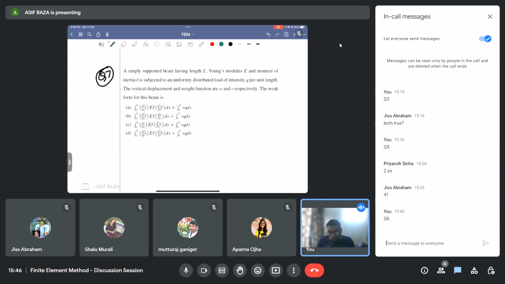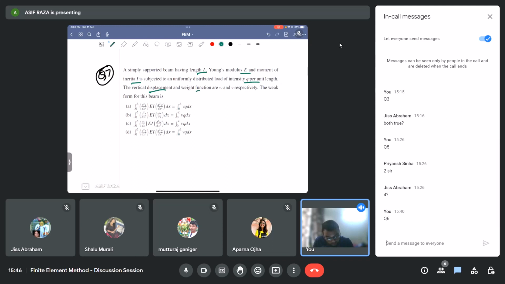Seventh question: a simply supported beam having length L, Young's modulus E, and moment of inertia I is subjected to UDL of intensity q per unit length. The vertical displacement and weight functions are w and v respectively. The weak form for this beam is. This is quite straightforward, but first I'll ask you all, what do you think is the correct option?